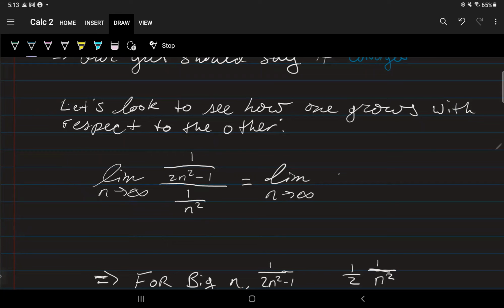So this turns into 1 over 2n squared minus 1 times n squared over 1, which becomes the limit as n goes to infinity of n squared over 2n squared minus 1, which we know to be 1/2 after doing L'Hopital's rule twice.